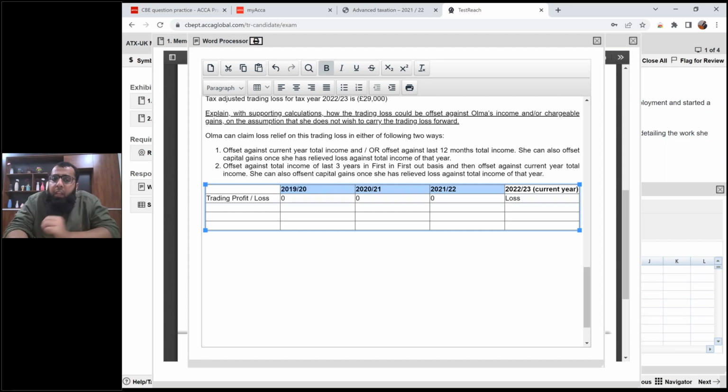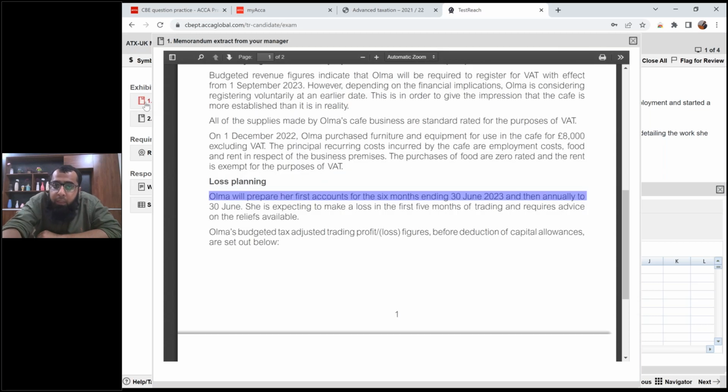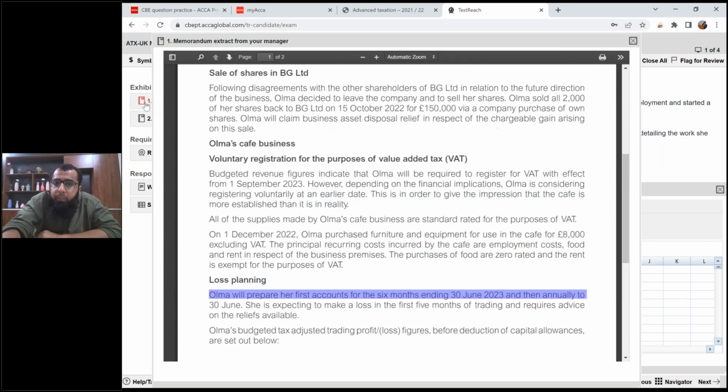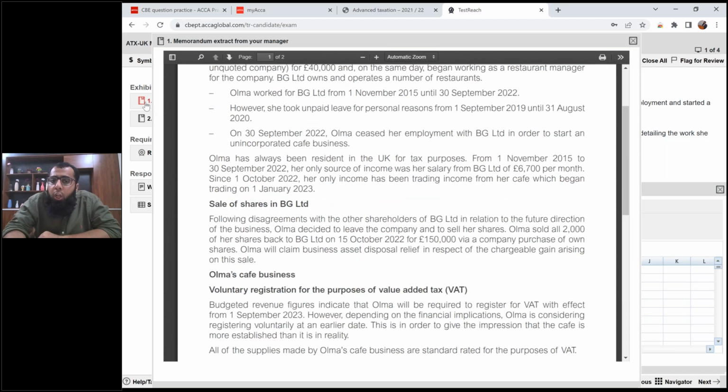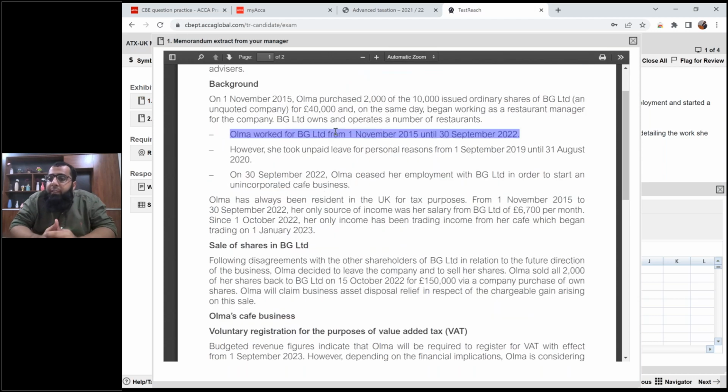Now he has also earned one income, which is called employment income, because he was doing some job. If you look at it clearly, it was written, Alma worked for BG Limited from 1st November 15 until 30th September 22.